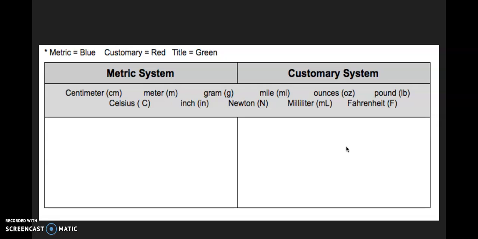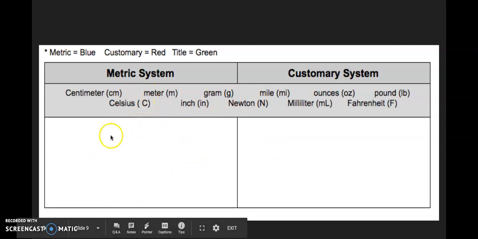All right, students, your last job on your graded assignment. You need to take all the units of measurement that we have learned in science, and you need to decide whether they belong in the metric system or the customary system. I'm going to go through each one and read them, and then you're going to decide which box, which section they go in.